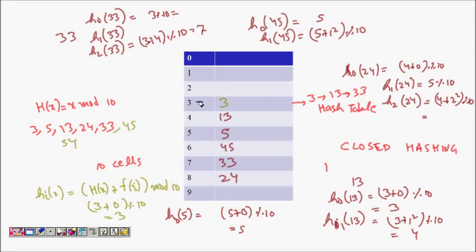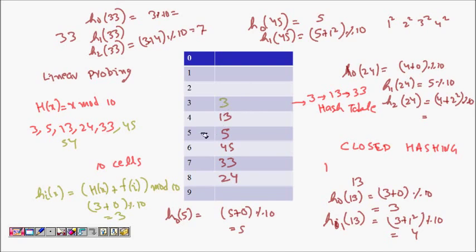Now you can see that there is no clustering effect, because it's adding 1 square, 2 square, 3 square, 4 square, and it's better than linear probing. In linear probing, with wraparound, we were just finding the next empty cell.